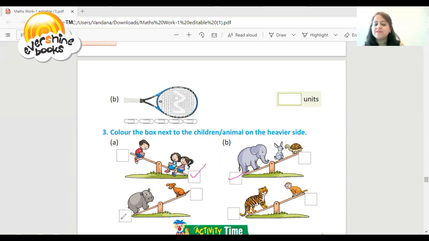Which one is heavy? This one is heavy. Students, this is a monkey and a tiger. So the tiger is the heavier one. It's very easy. You know? So students, these are the animals or girls, and 2 girls or boys are given in this third point.